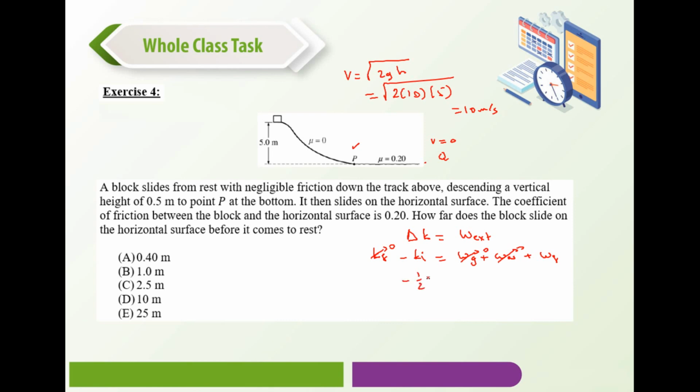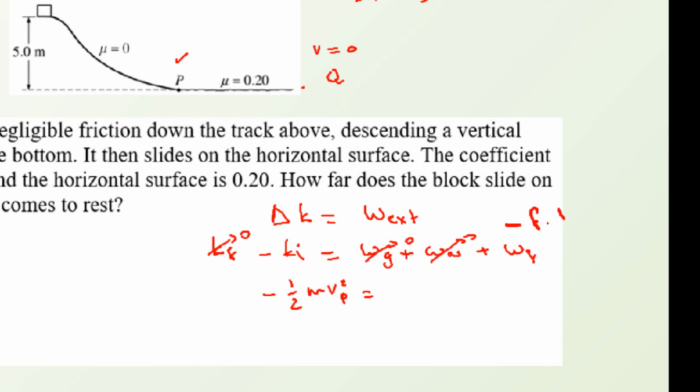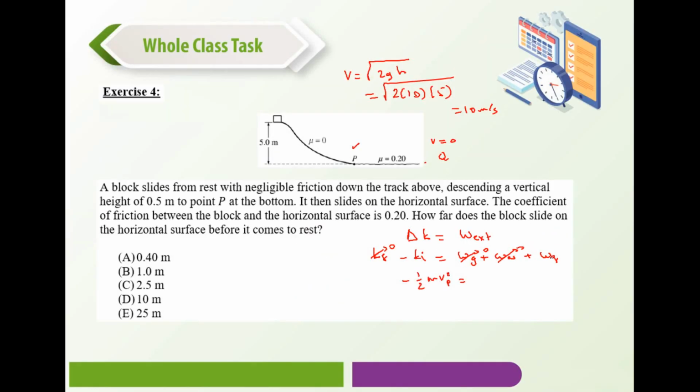That would be minus half m v squared initial, at the point P, and this is equal to the work done by the friction, which is minus F multiplied by d. The friction is given by mu_k m g, and d would be the distance traveled, which is how far we are interested in calculating. That would be minus mu_k m g multiplied by the distance, and we're interested in determining the distance.